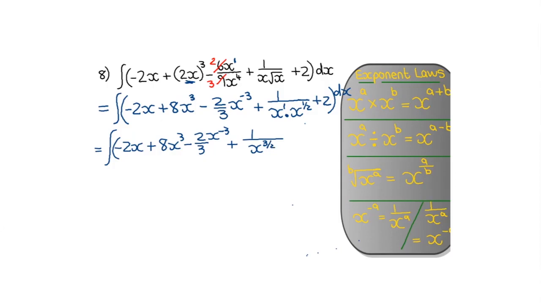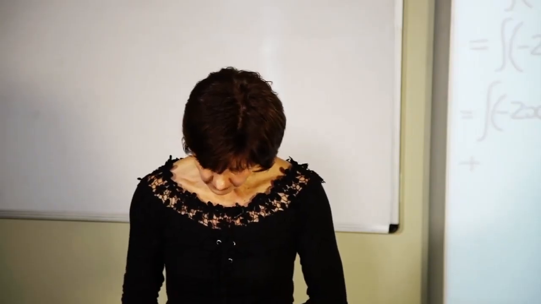So it's actually x to the power 3/2 below the line. But I don't want the x in the denominator, so I'm going to take it upwards. Let's immediately write it in the numerator position. Okay, then I still have the +2, and I have to integrate all of these terms.